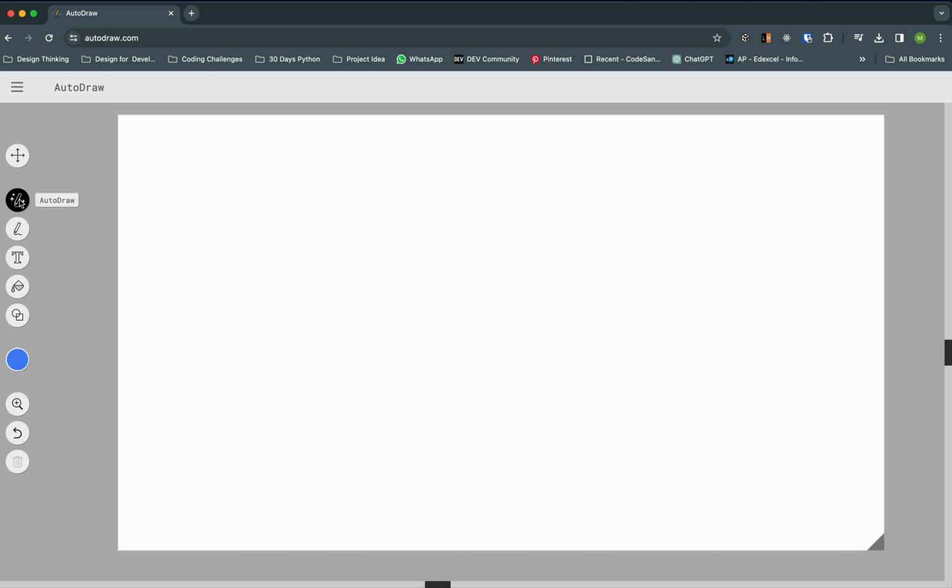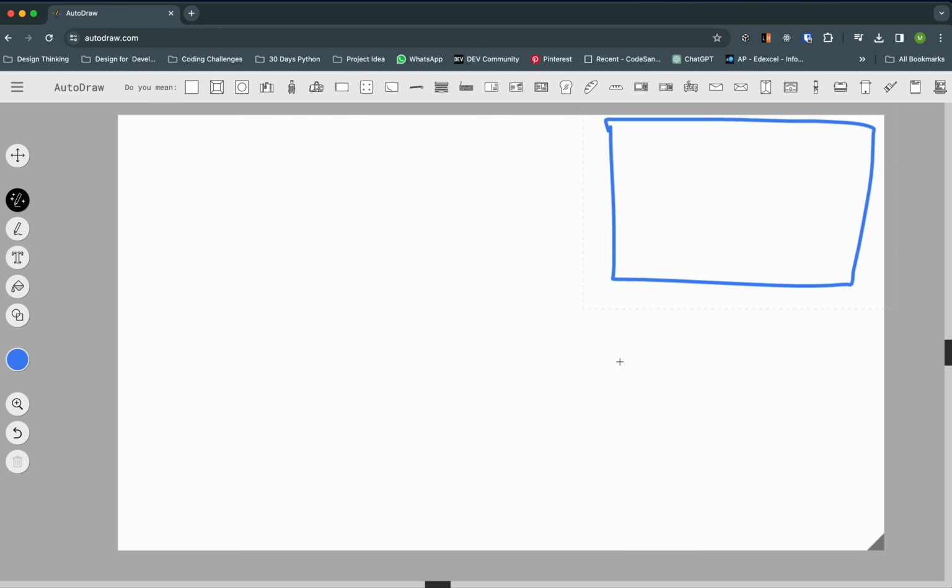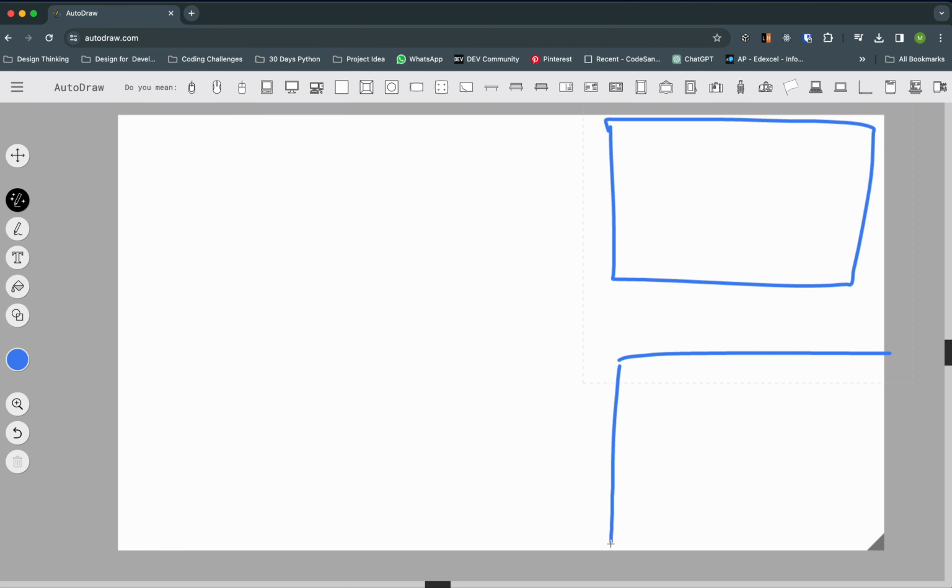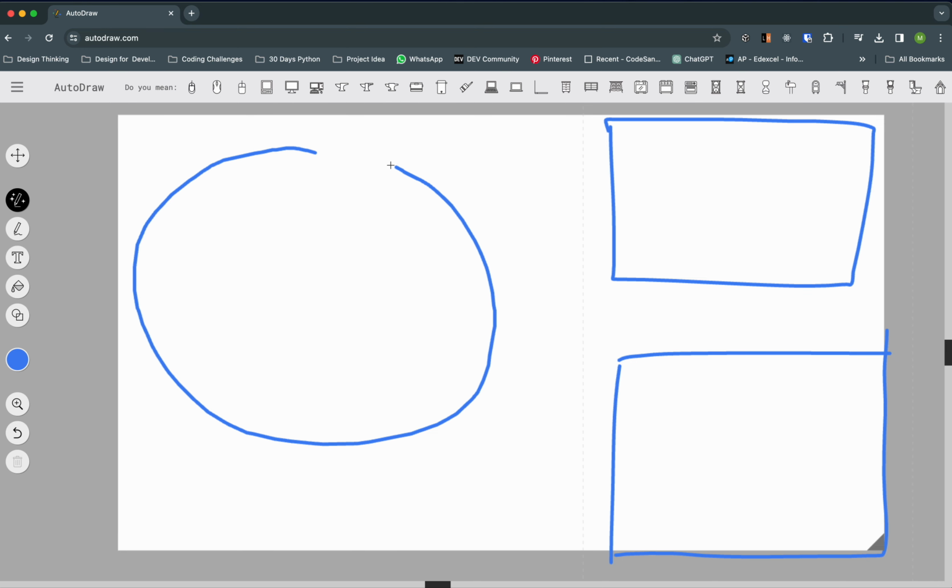Okay, if I come here, the diagram is like this: this is the office, right? This one is the engine shed, and this is the exhibition area.